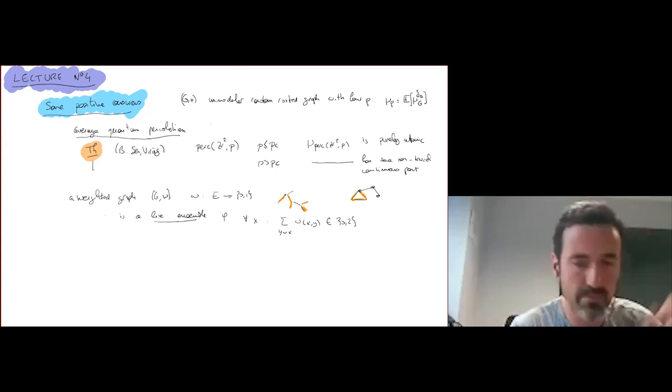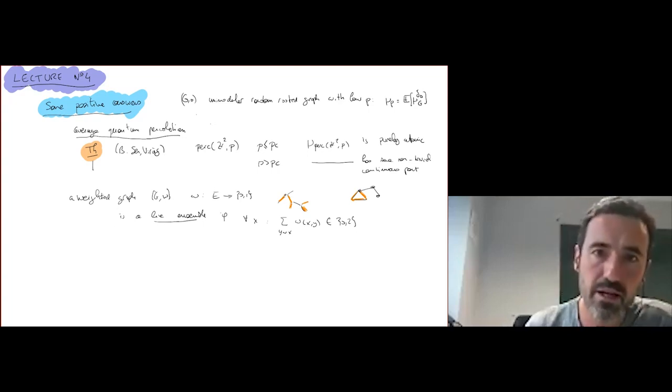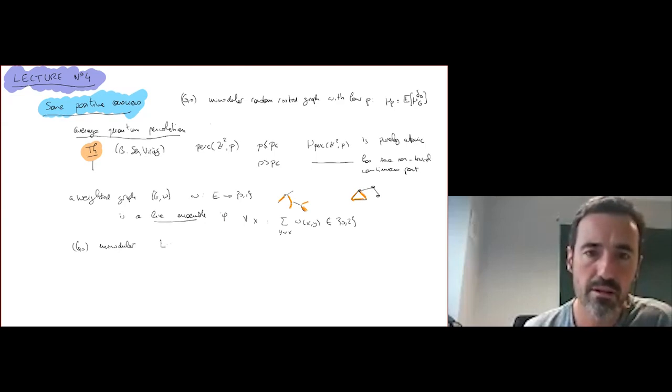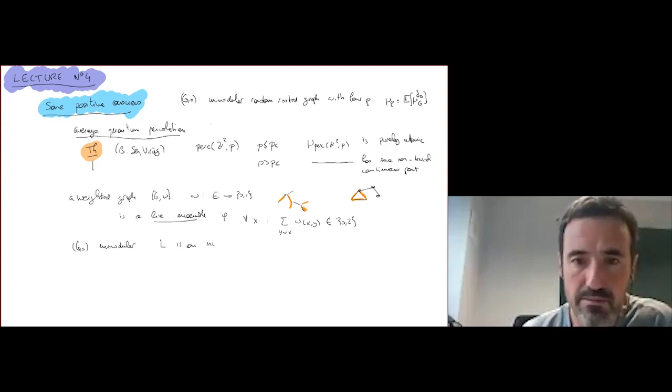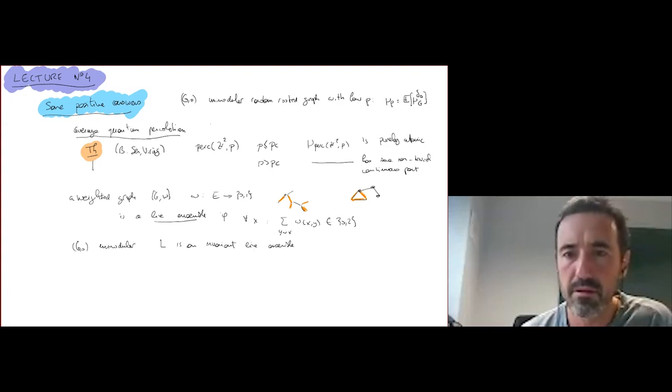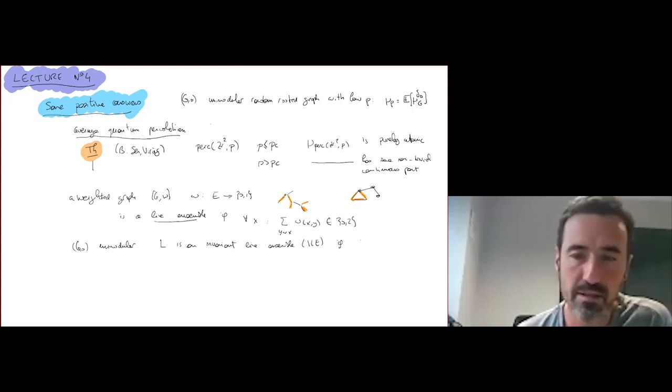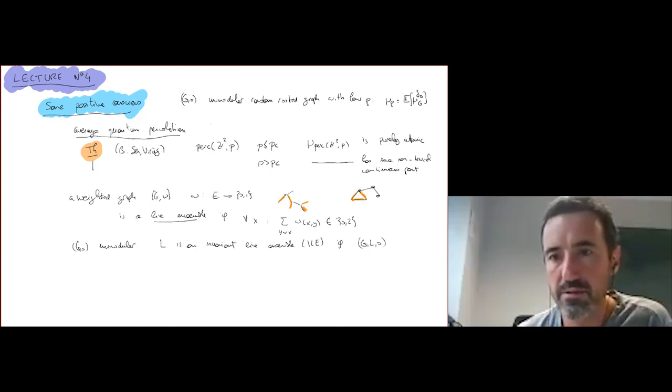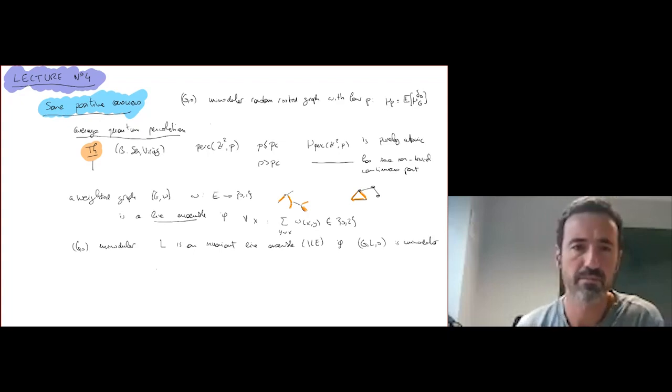We will say that if my graph (G, ρ) is unimodular, L is an invariant line ensemble, called ILE for simplicity, if it is a line ensemble and the weighted graph, when I add the weights, is unimodular.